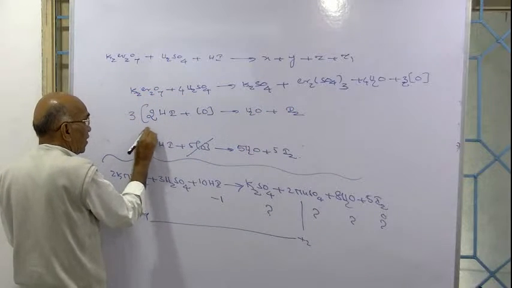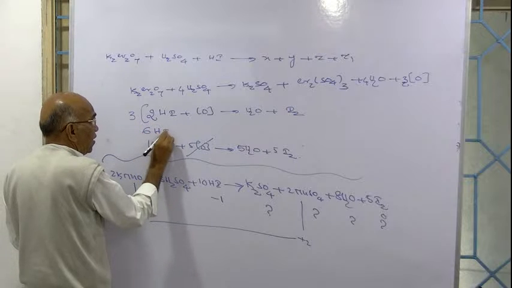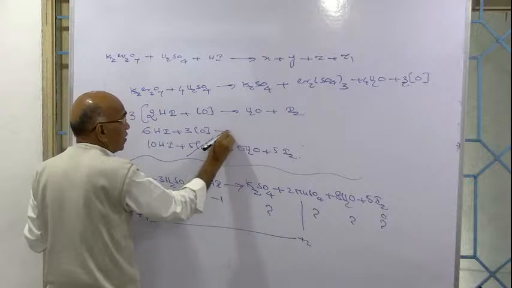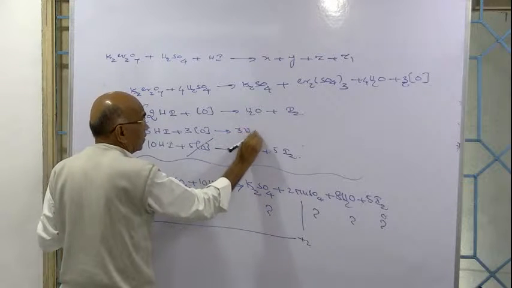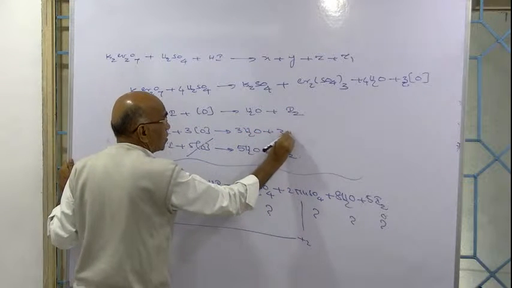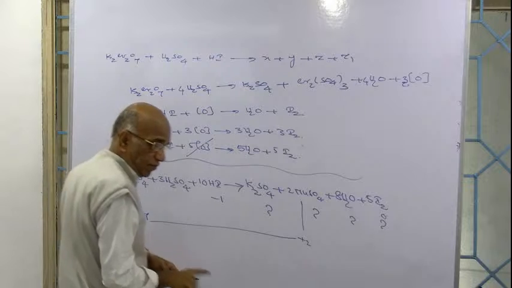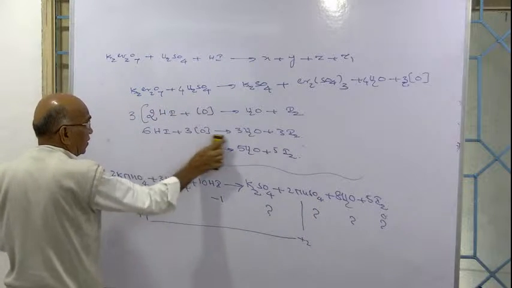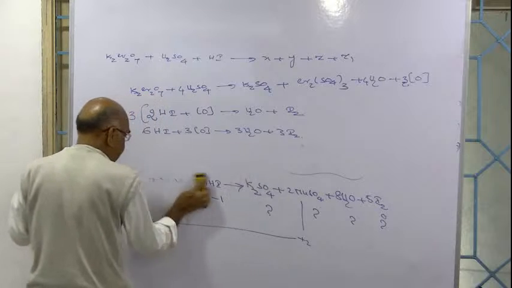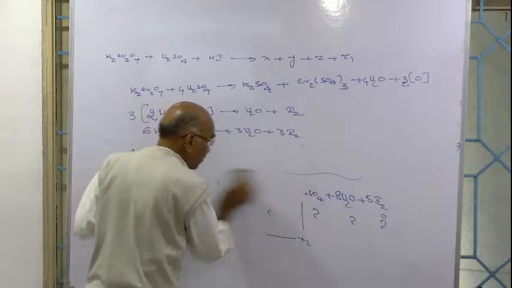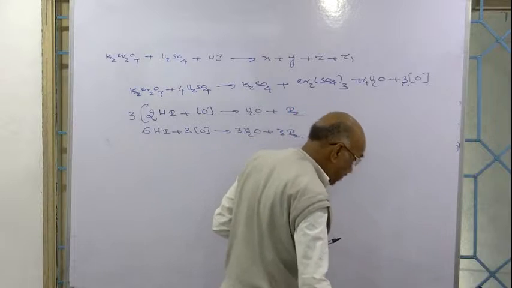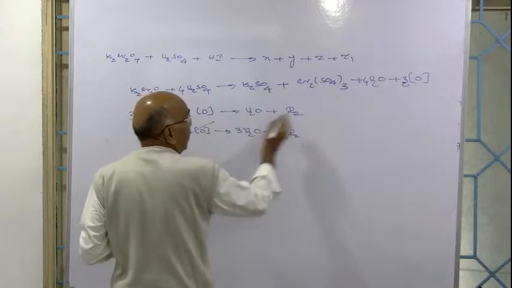Multiply with 3: 6 HI, 3 nascent oxygens, 3 water, plus 3 moles of iodine. I hope it is balanced. Now the 3 nascent gets cancelled.